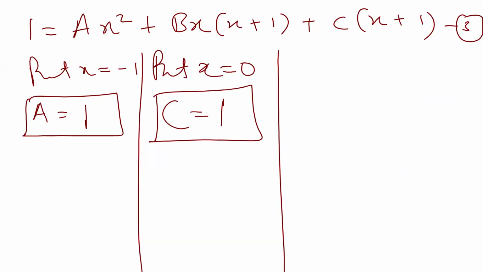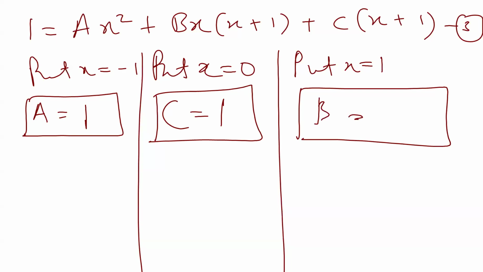So now put any other value of x, anything apart from minus 1 and 0. So put x is equal to 1. Tell me the value of B, everyone. Come on, and put the value of A and C also.